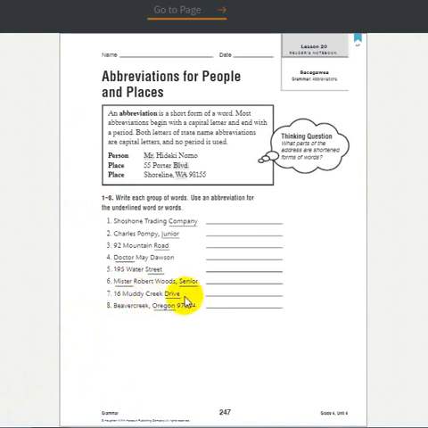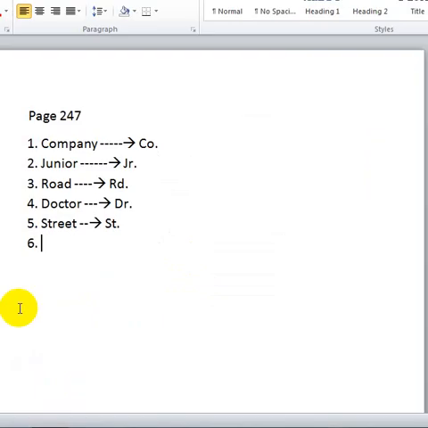Mr. Robert Woods, senior. Remember we took junior, now we have senior. And we have Mr. as well. I think we know these, right? So, Mr. What's the abbreviation for the word Mr.? Yeah, it's going to be MR period. Great job.